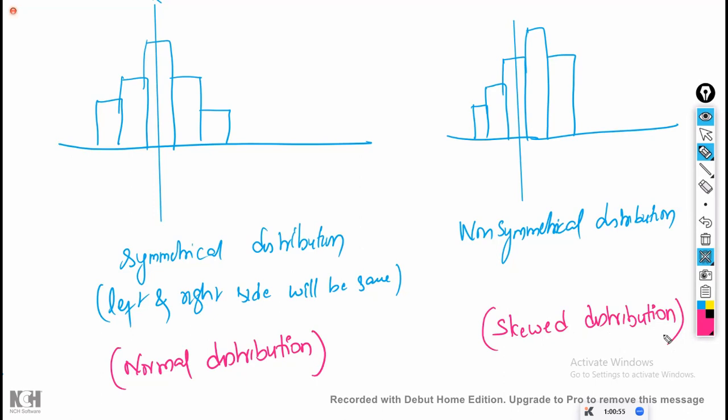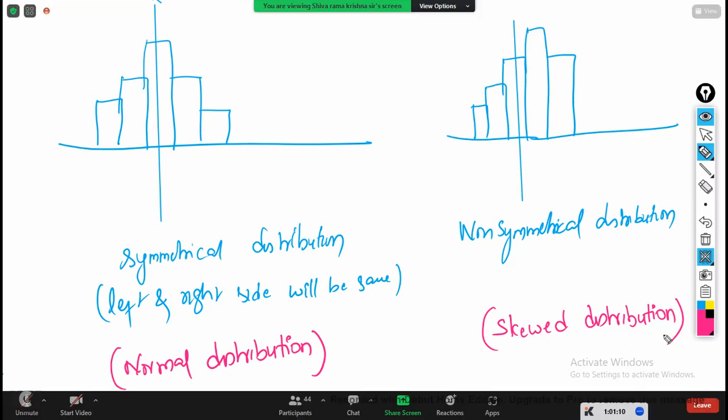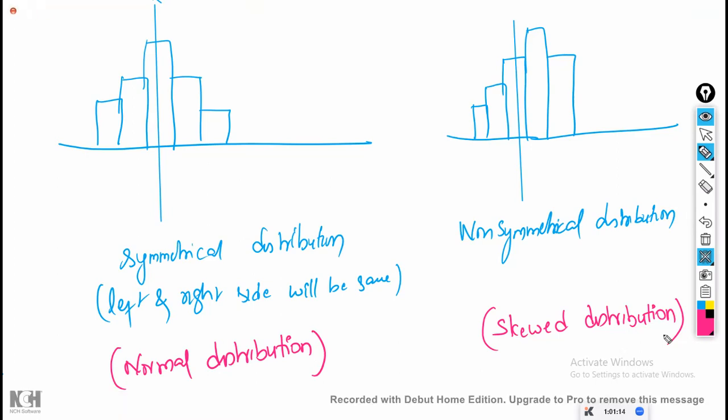What is meant by skewed distribution? Skewed distribution means the distribution is non-symmetrical. What is meant by non-symmetrical? From the center, see the left side and right side. If both are the same, it means symmetrical. If both are different, it means non-symmetrical.